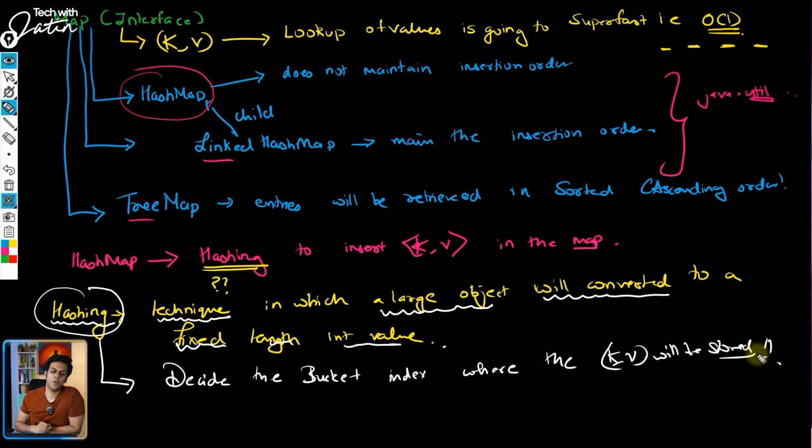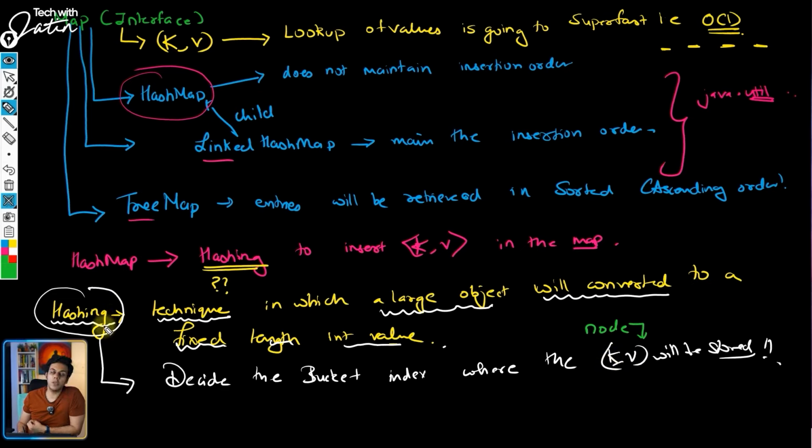If you want to know the exact wording, decide the bucket index where the node, which is going to consist of the key and value, will be stored.